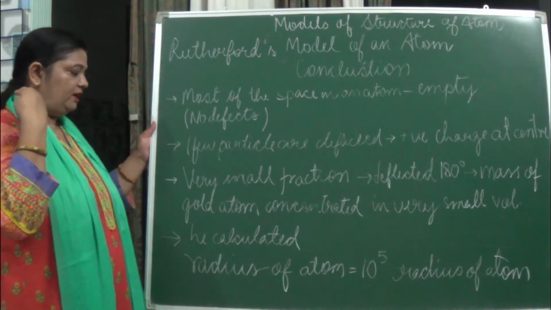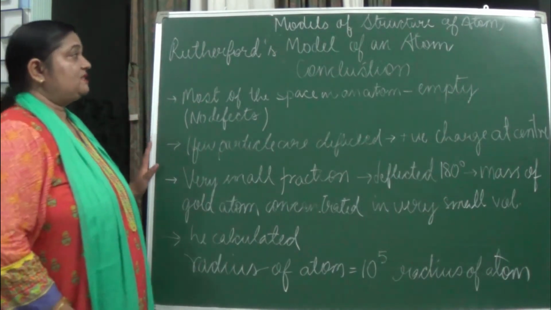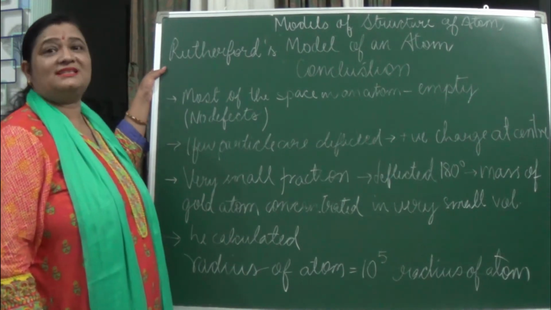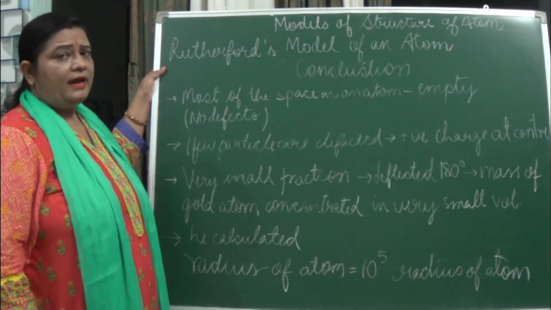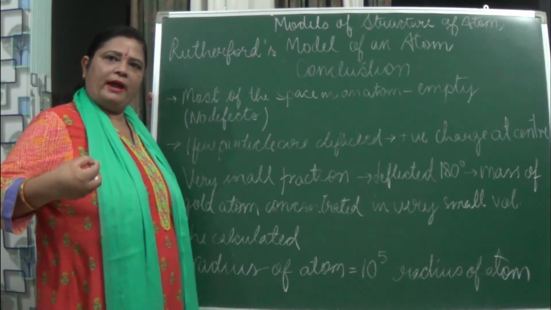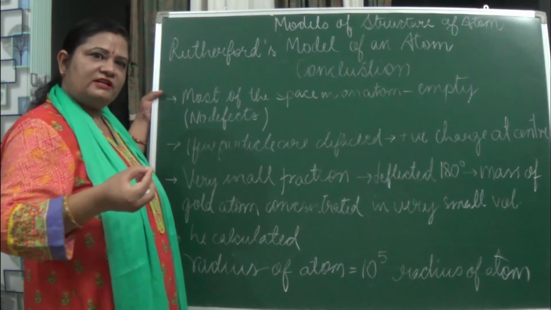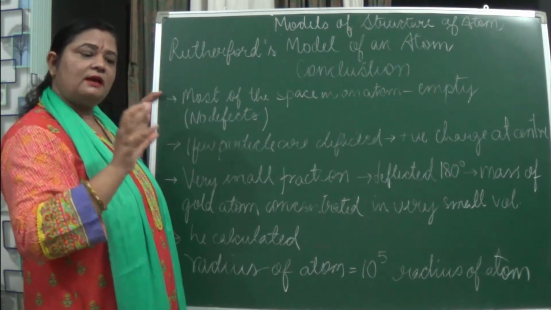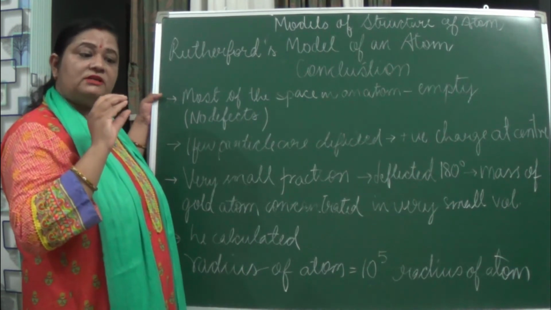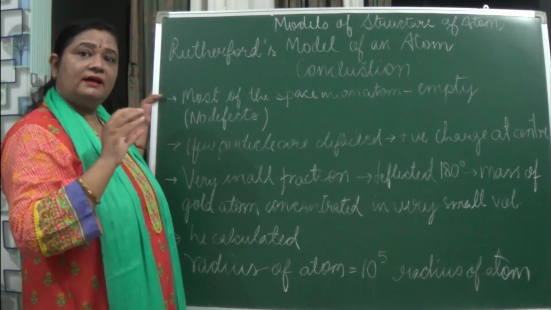So here, with this conclusion, what could Rutherford say about the structure of the atom? He said only a few alpha particles are rebounding back, a few are showing the deflection. It means there is some positively charged sphere, positively charged area inside the atom.